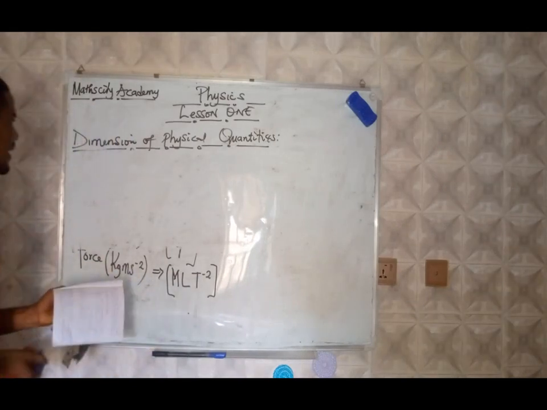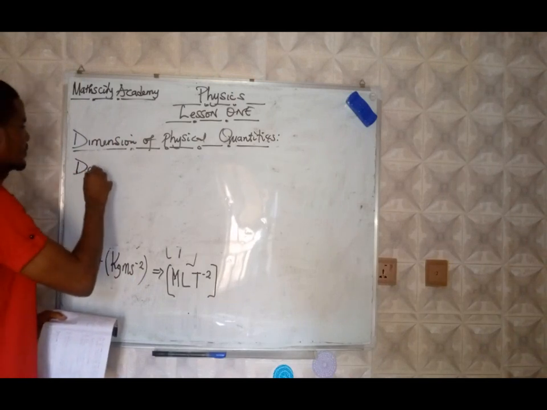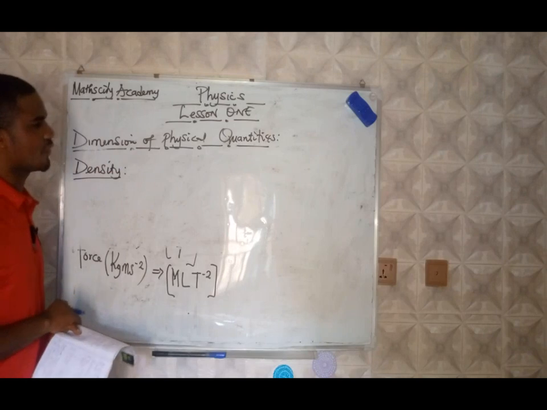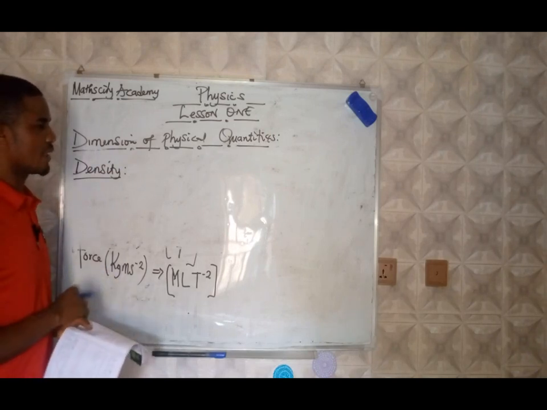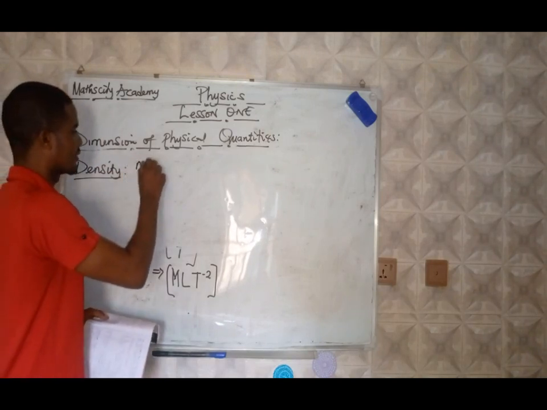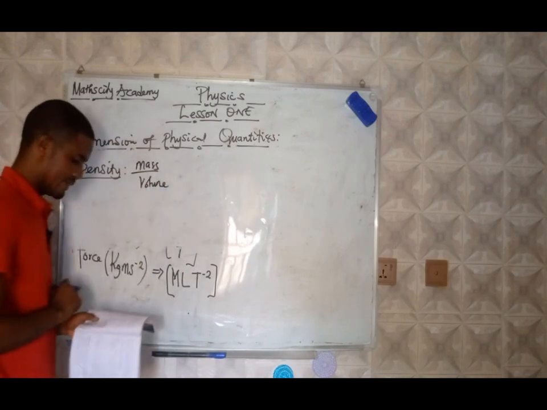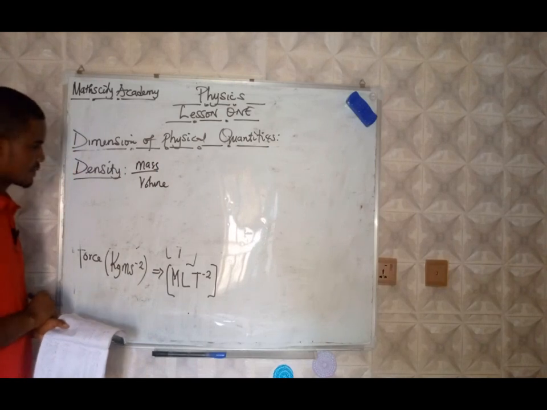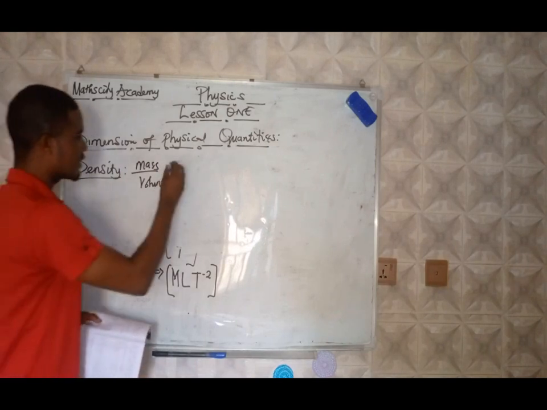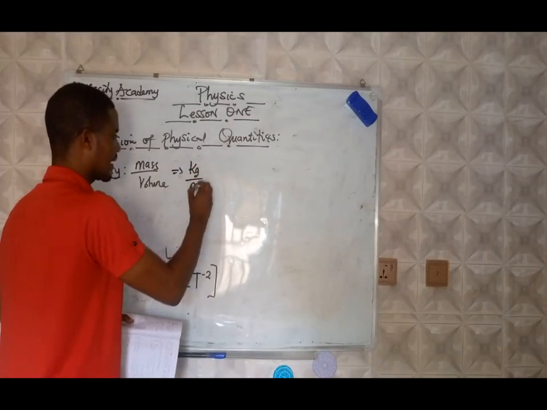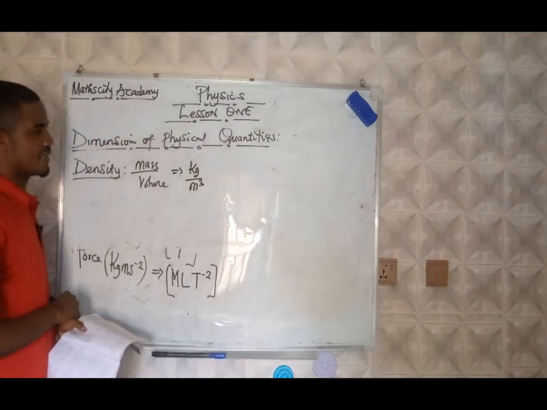Let's take another one. Density. What is dimension for density? Density is mass over volume. So the unit will become kilogram over what? Meter cube. Kilogram over meter cube.